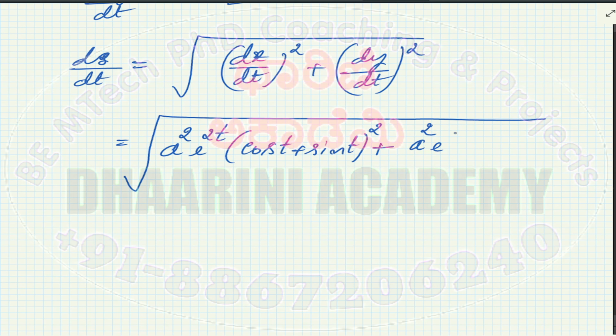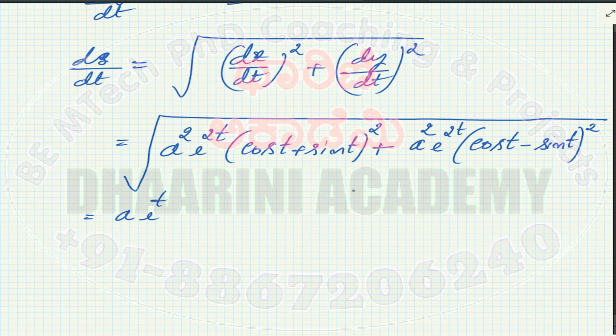Then I had e to the t, which becomes e to the 2t, into cos t minus sine t the whole square. Okay, now let us try to simplify this further. So in both of these terms I have a square common. When you take it out, it becomes a. e to the 2t is also common, it becomes e to the t out of the square root.